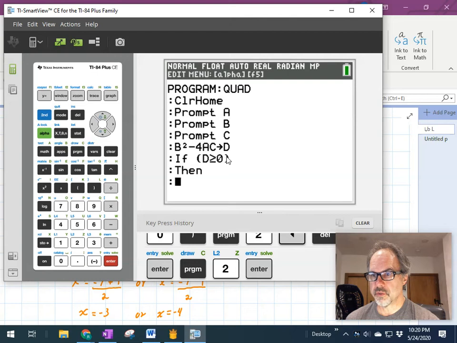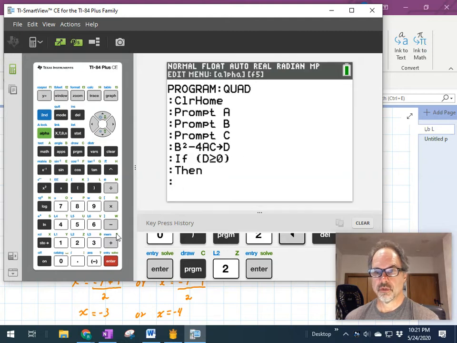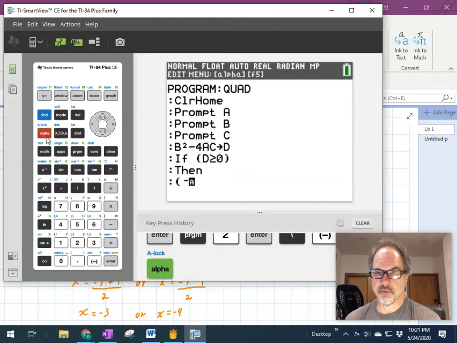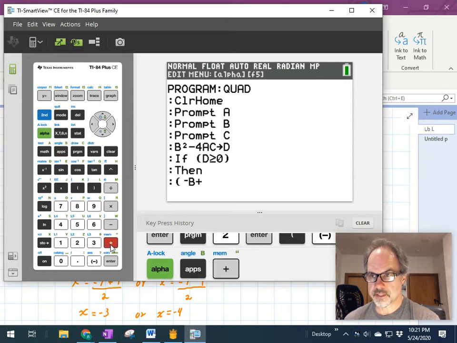So if d is greater than or equal to 0, then we have 2 real roots. So we want to output those roots. We can go ahead and do the quadratic formula. So for one root, that's going to be in parentheses, we want negative b, so negative alpha b plus the square root of the discriminant.